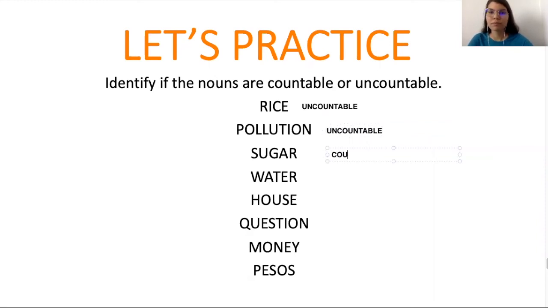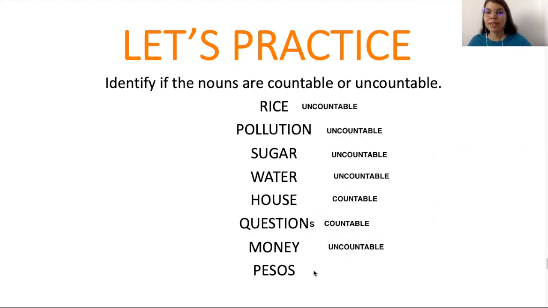Sugar, uncountable. Water, uncountable. House, countable. Question, countable, or questions, countable. Money, uncountable. And pesos, countable.